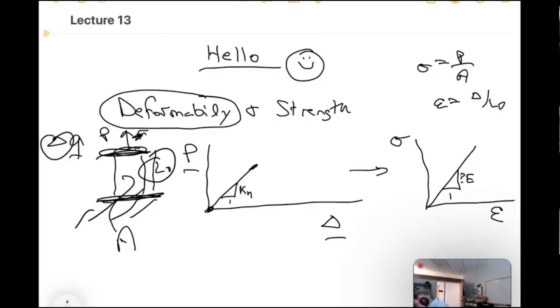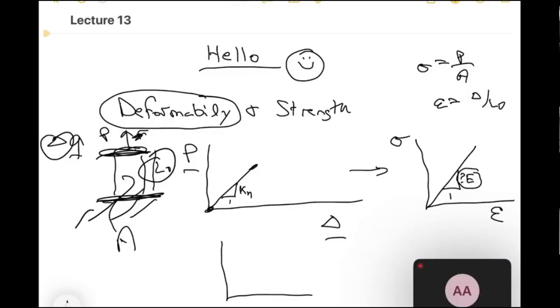So that's the question. One of the properties is E, and what is the other property that we can measure in this test that is critical to describing how a material deforms? Nu, Poisson's ratio?